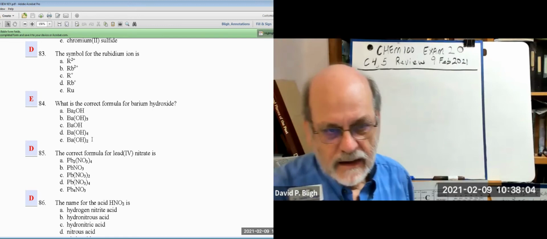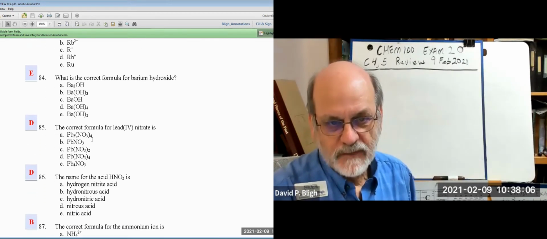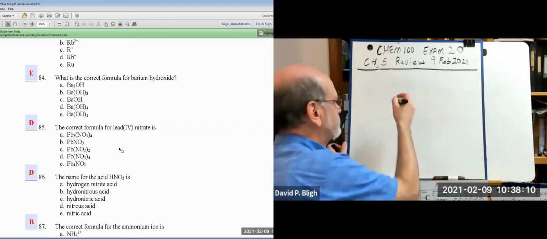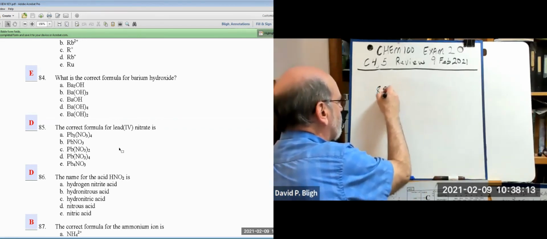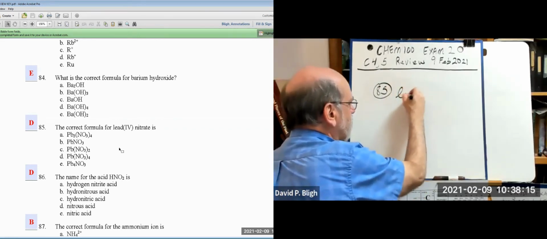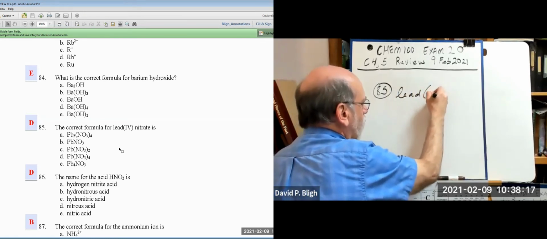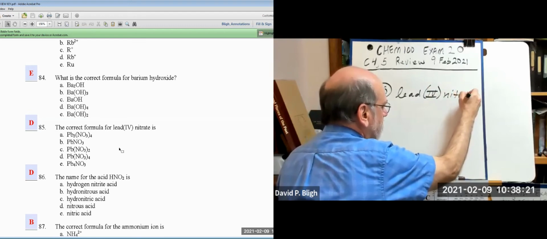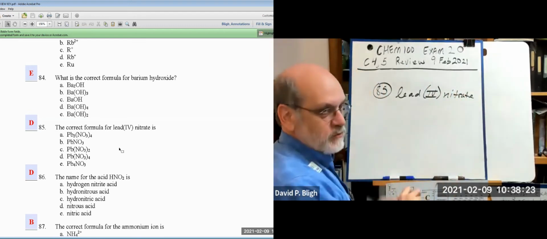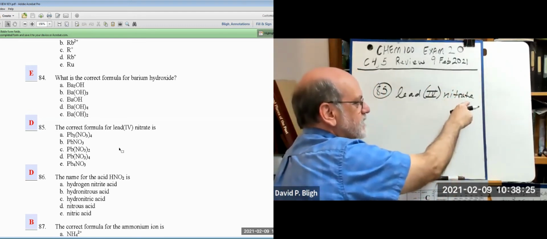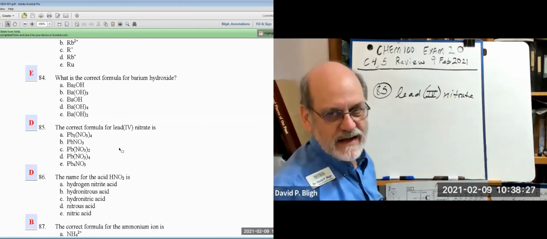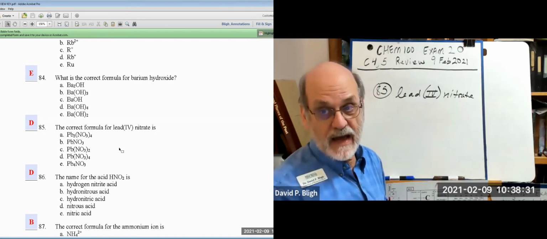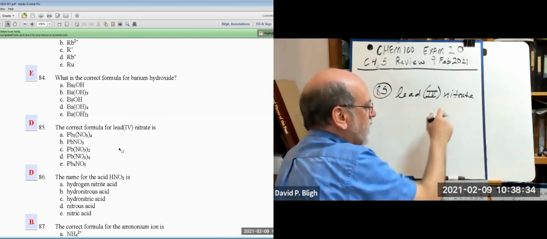All right. 85. Correct formula for lead-4 nitrate. So if we're going to have lead-4 nitrate, you should recognize anything with an ending like that, ATE, ITE, whatever, is a polyatomic ion. So you need to know, what is the polyatomic?